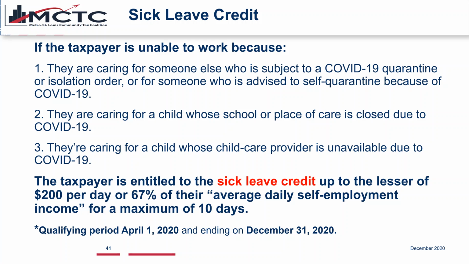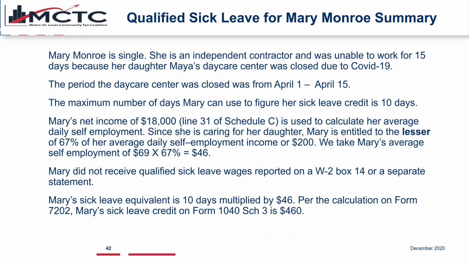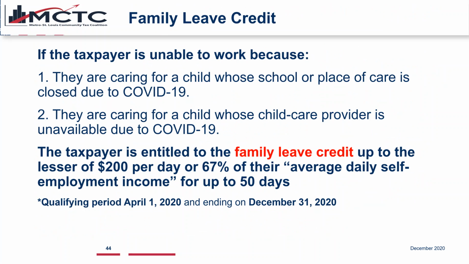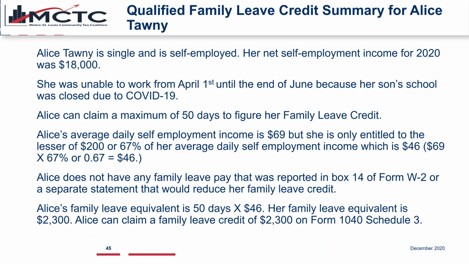Again, the likelihood is that you will be using the calculation of 67% of their average daily self-employment income for a maximum of 10 days. And this is another example.